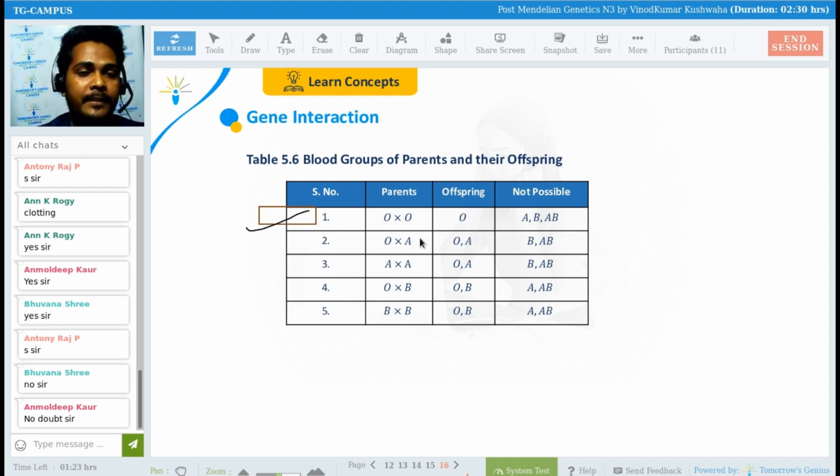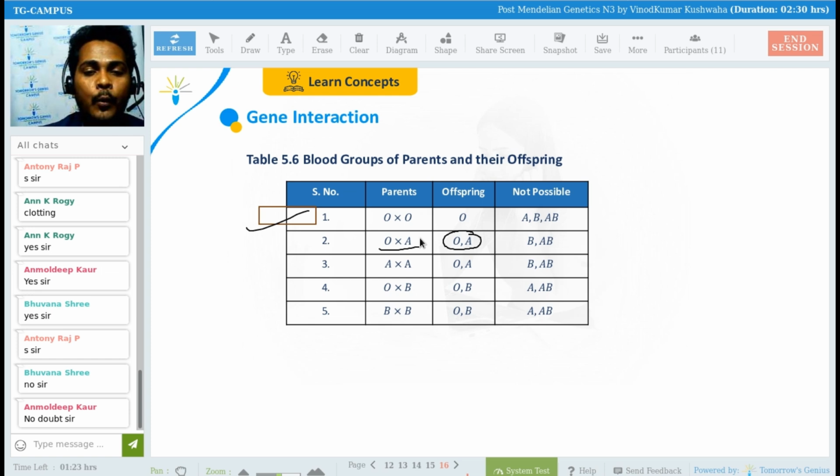The blood group of parents and their offspring. What I said: a man homozygous for blood group A marries a woman with blood group O. So all their children will have blood group A. You can see here their offspring's blood group is A. Clear?